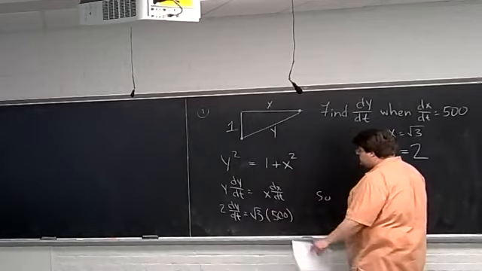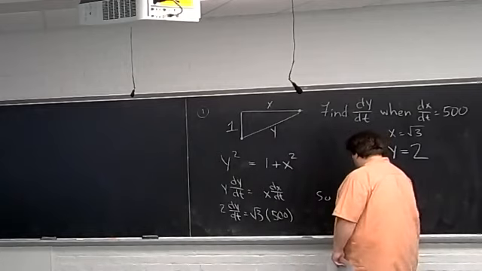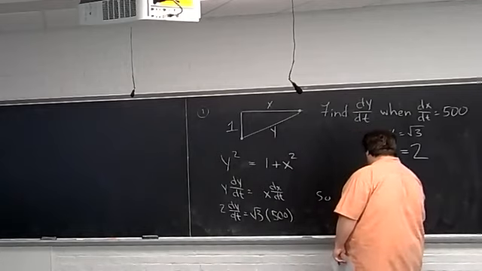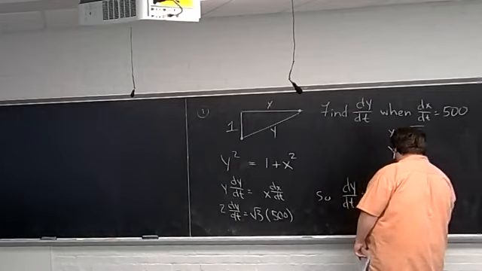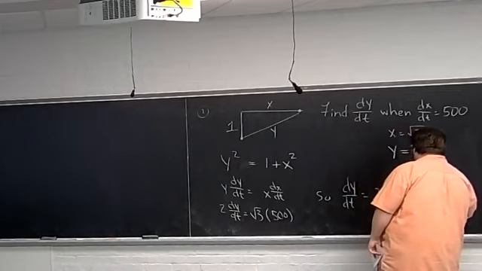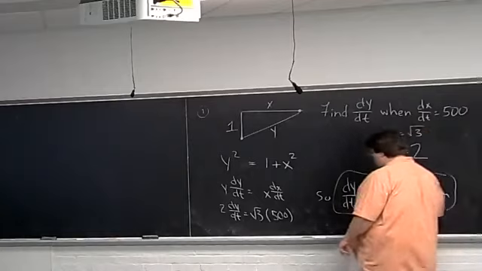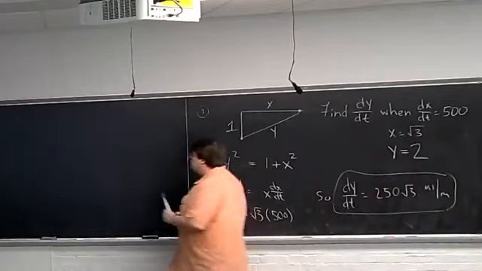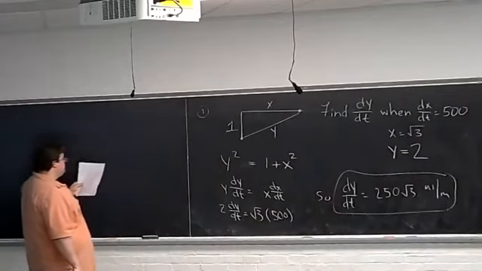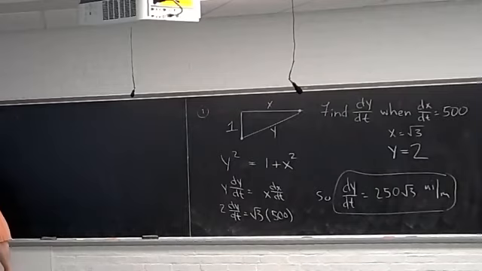Solve for dy/dt, divide by 2. 500 divided by 2 is 250. Any questions about number 7?